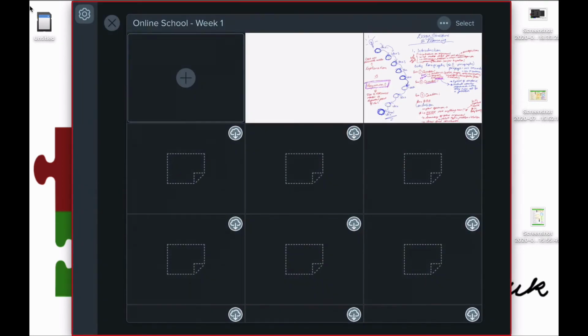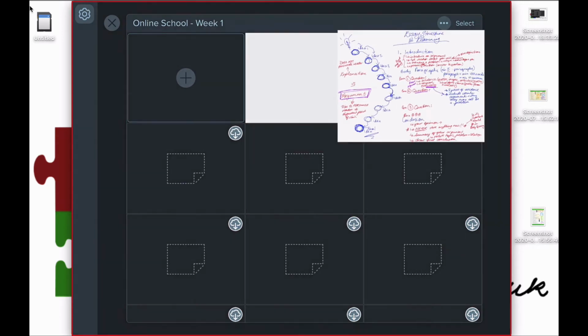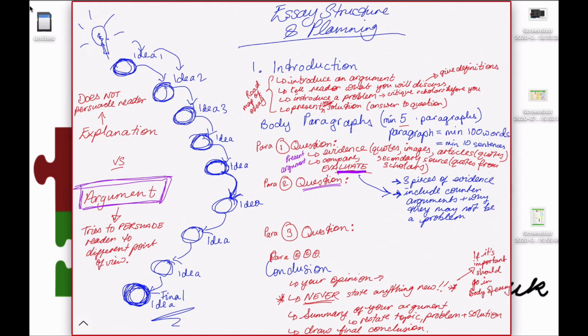If you're thinking about what you need to include in an introduction, what do you remember? What's the point of an introduction? Yes, exactly. Very good. So you are going to introduce what you're going to talk about. You're going to tell your reader, here is my argument, and this is the way I am going to discuss it.